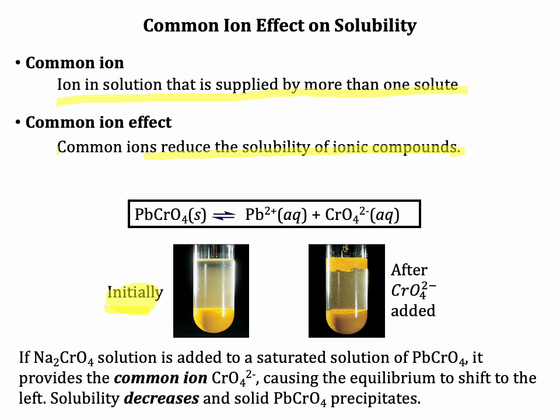But if Na2CrO4 solution is added to a saturated solution, so this solution right here in the front is already saturated. The question is, if more Na2CrO4 is added into the solution, CrO4 is the common ion.